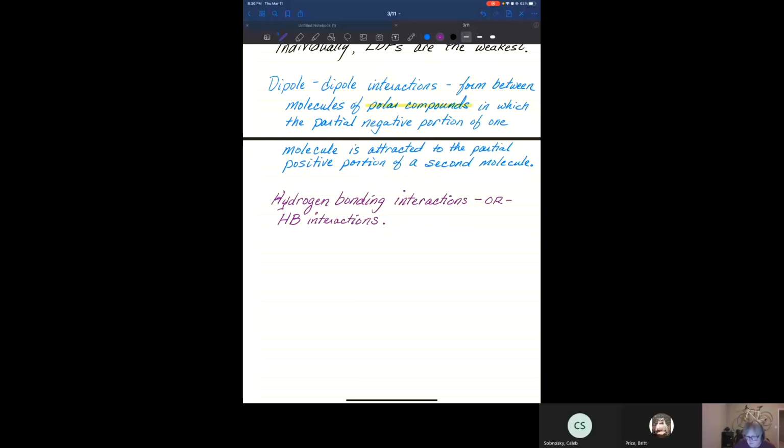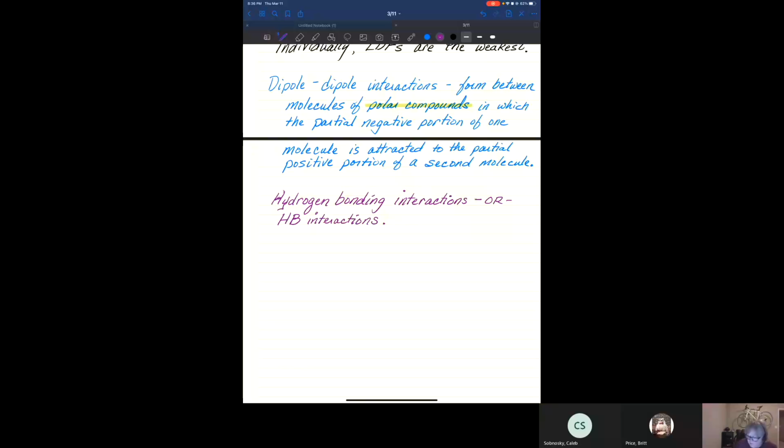The molecules themselves stay together. So when we have water boiling or water evaporating, the interactions between the water molecules break. The water molecules themselves stay intact. It's still an oxygen bonded to two hydrogens.